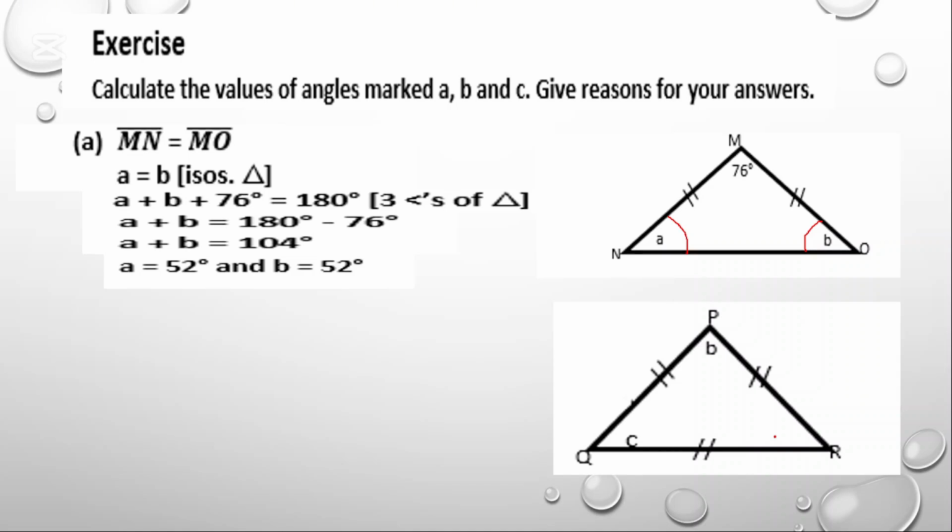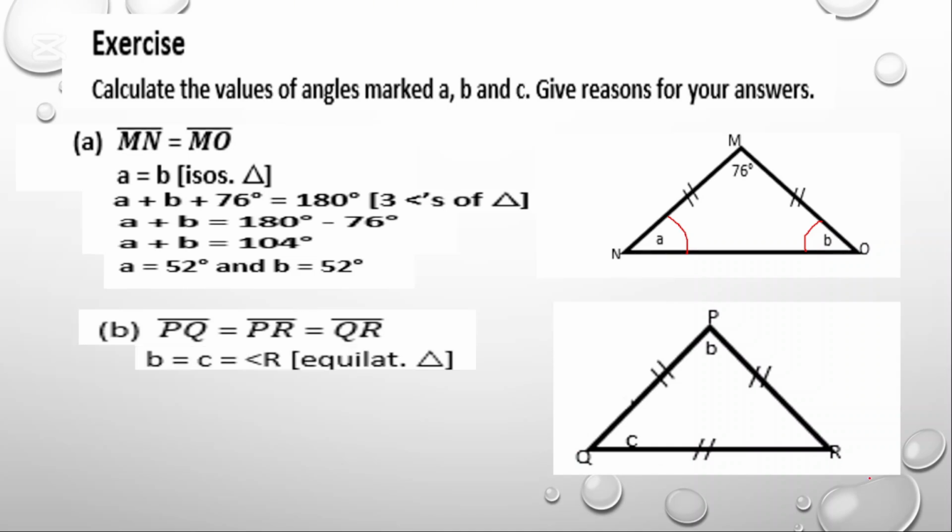Right, so we write it out. PQ, it's given to us, PQ is equal to PR is equal to QR. Right. Next step.